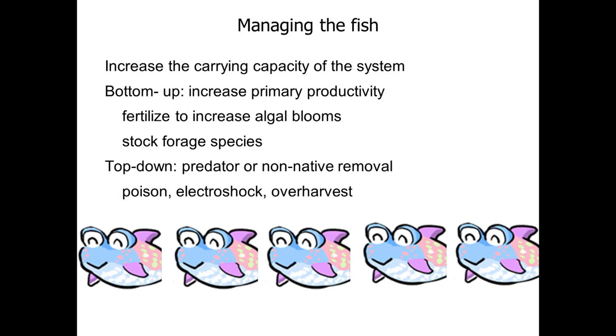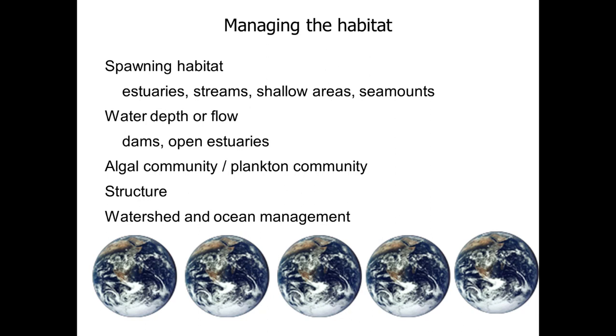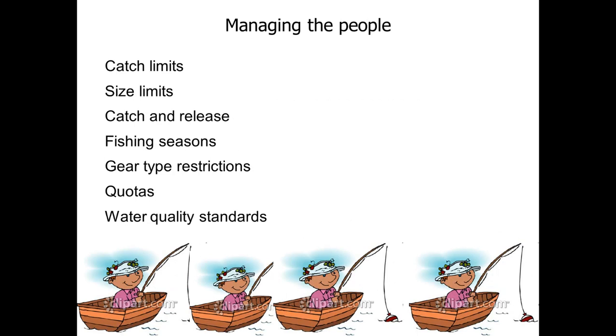We also need to manage the habitat, protecting some examples like I talked about of the spawning habitat or the environmental conditions that support fisheries. And then we also need to manage the people, dealing with all sorts of regulations, catch limits, size limits, gear type restrictions that may help influence what people take.